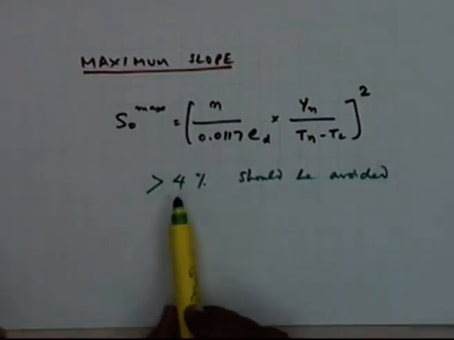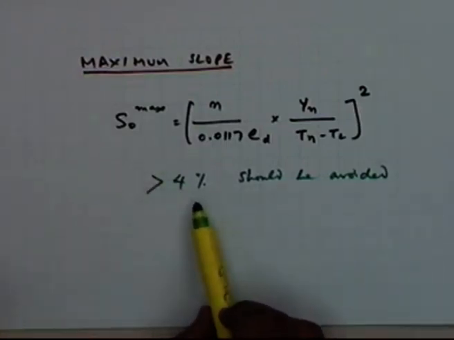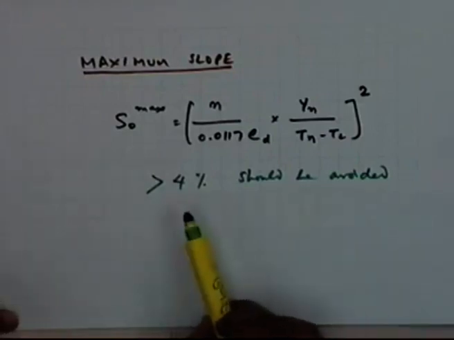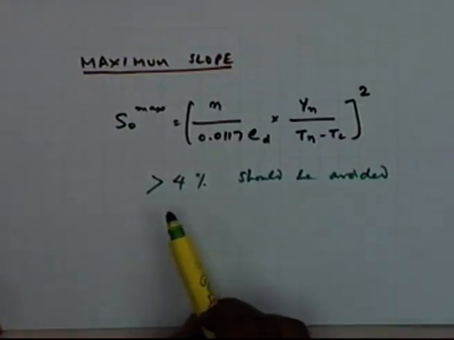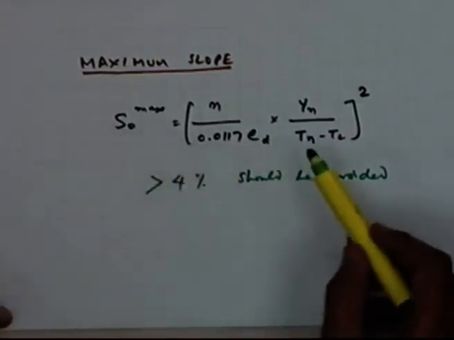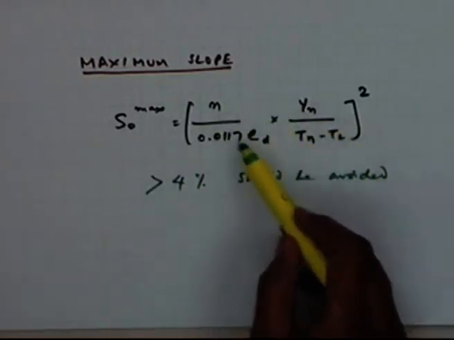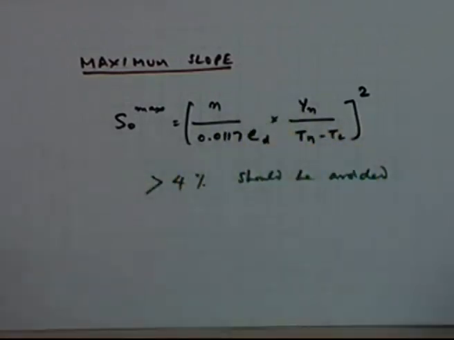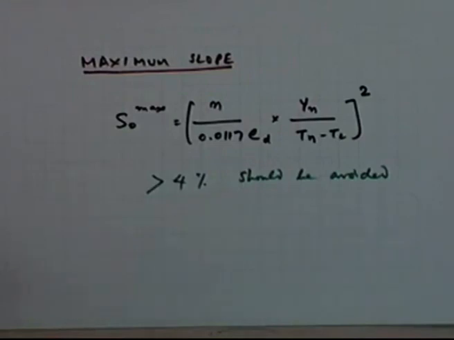If you get a slope which is more than this, it should be restricted below this. But in general, for the prevailing conditions, you can find out the maximum possible slope which can be used, and you can check your slope against that.